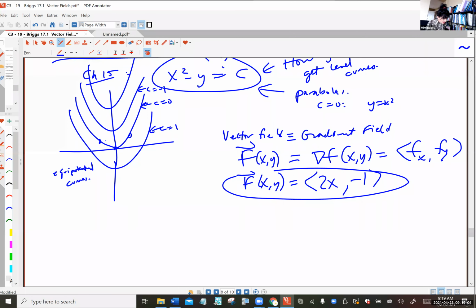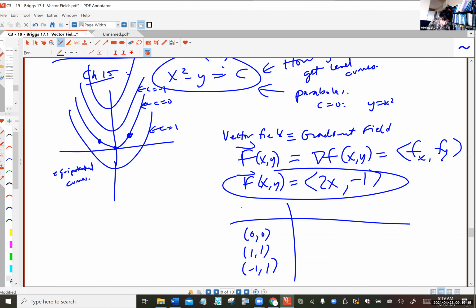You could pick one of those parabolas, pick points like (0,0), (1,1), (-1,1). And then you put the vector here, and you would have corresponding vectors like this. And you do that whole thing.